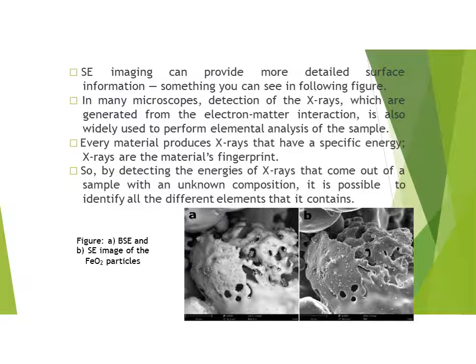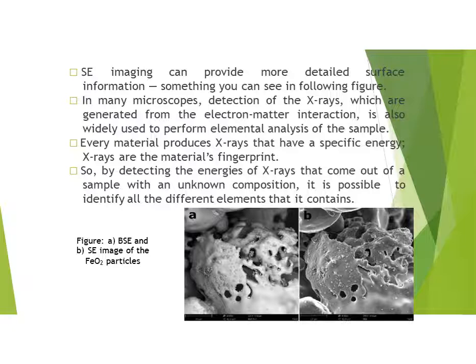The two types of electrons, backscattered electrons and secondary electrons, can provide images, but secondary electron imaging can provide more detailed surface information. In many microscopes, detection of the X-rays generated from the electron-matter interaction is also widely used to perform elemental analysis of the sample.